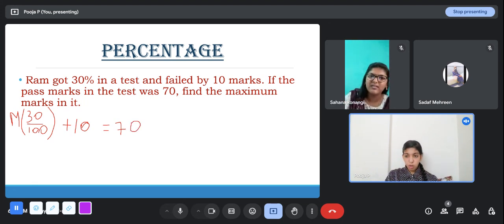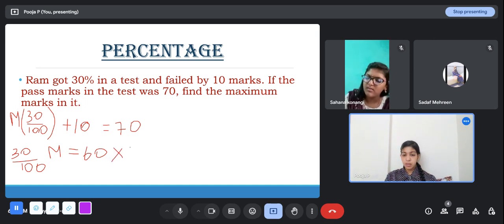So your end goal is to find out this M. Clear? So in this case, as Sana told, 30% of M is supposed to be 60. If you want to find out M, just reverse the fraction and multiply it.